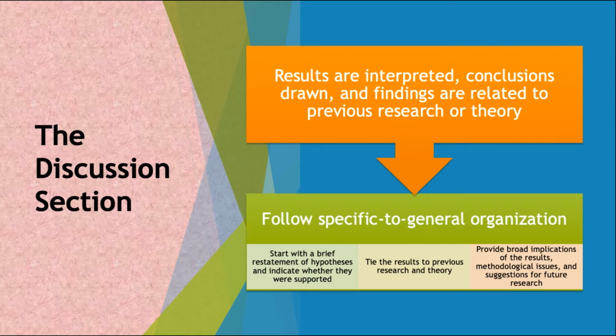Start with a brief restatement of the hypotheses and indicate whether they were supported or not. Tie the results to previous research and theory. Are the results similar to previous research? Do the results confirm or oppose the theory? Provide a broad implication of the results, methodological issues, and suggestions for future research.